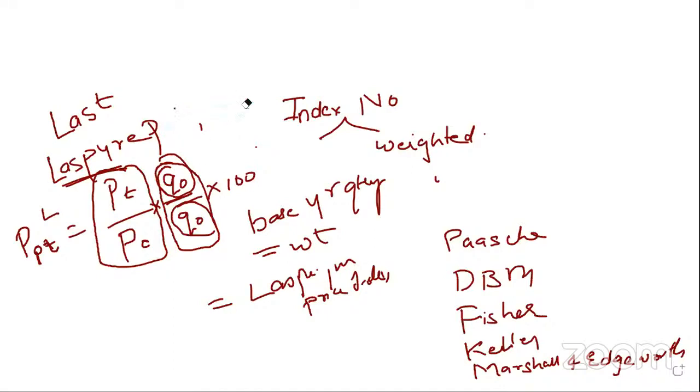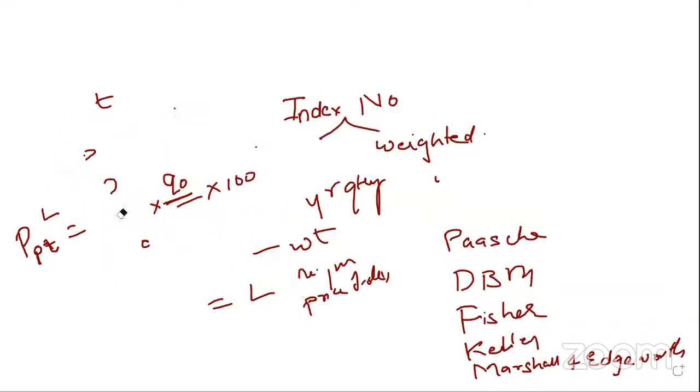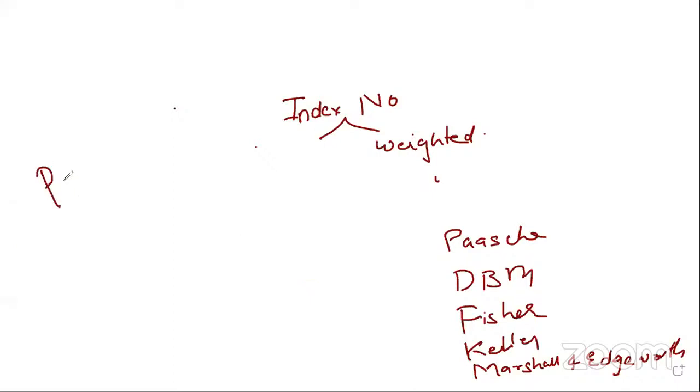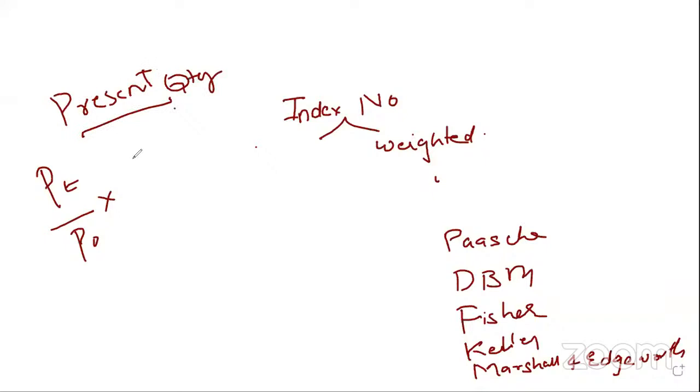Yes, sir. Okay, fine. Now coming to Paasche. What is Paasche? Here I told you everything is a price index number, just the weightage will differ. Here again Pt by P0, but in Paasche we use present quantity as weightage. So it is Q1 upon Q1 into 100. Any doubts?